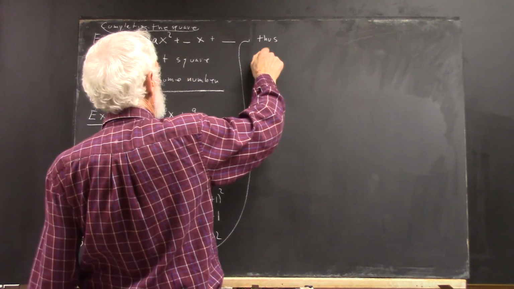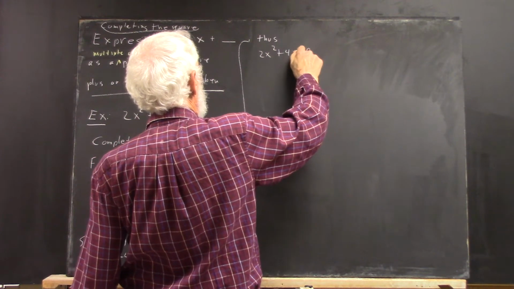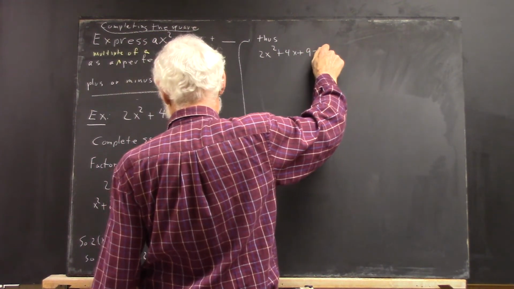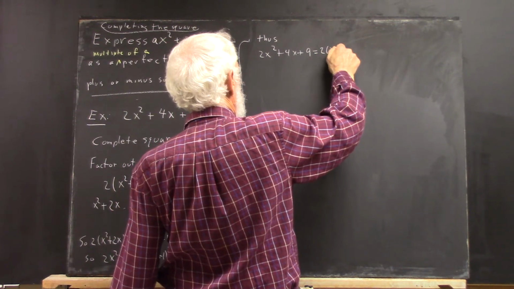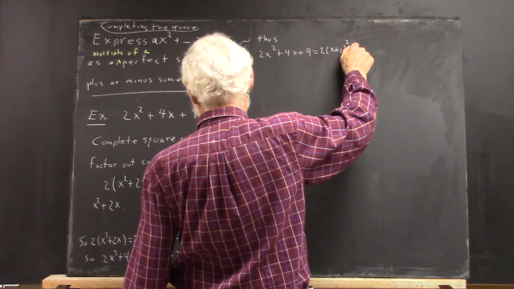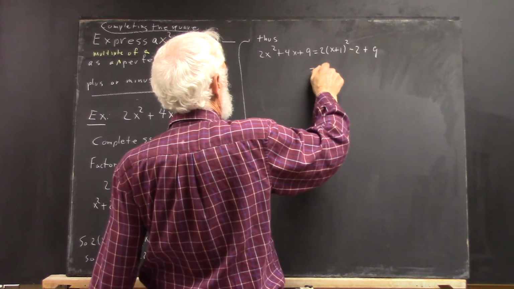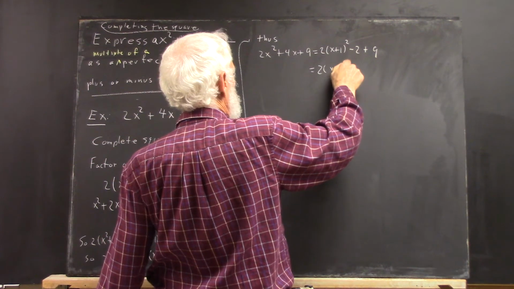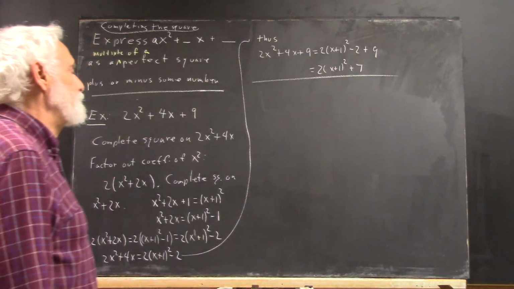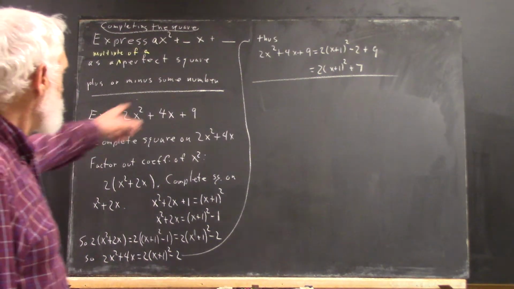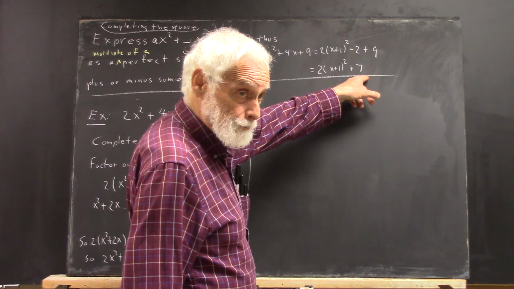Thus, 2x squared plus 4x plus 9 equals 2 times the quantity x plus 1 squared minus 2 plus 9, which equals 2 times the quantity x plus 1 squared plus 7. And there it is, a multiple of a perfect square plus a number.